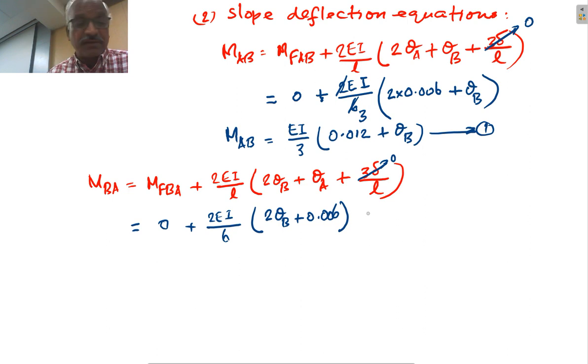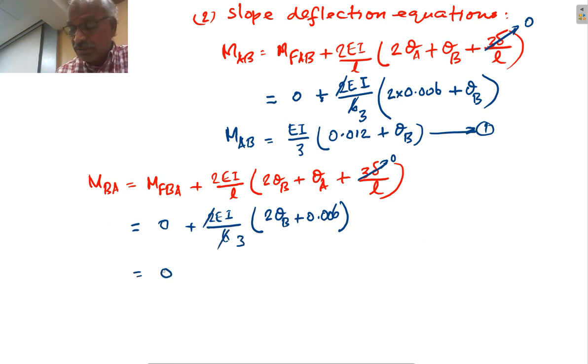Here you can simplify by 3, equal to 0 plus EI by 3 into 2 theta B plus 0.006.